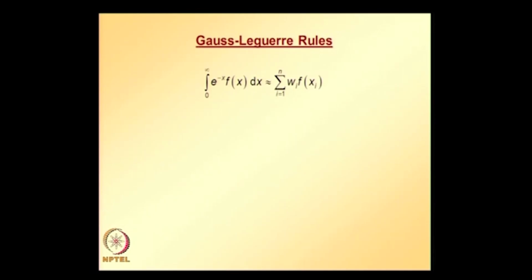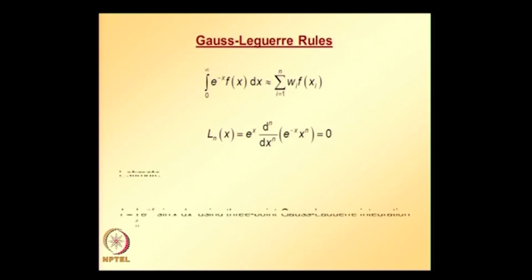And why the word Laguerre? Because here it turns out that the locations of the integration points are roots of the Laguerre polynomial, that is why it is called the Gauss-Laguerre rule.